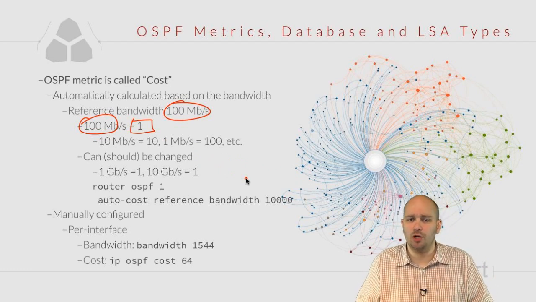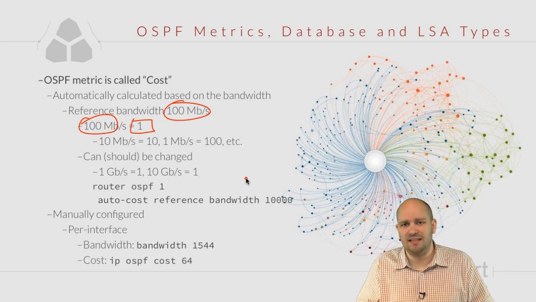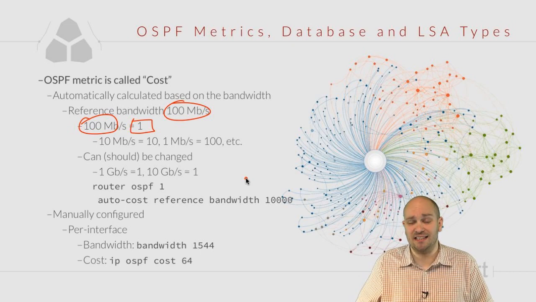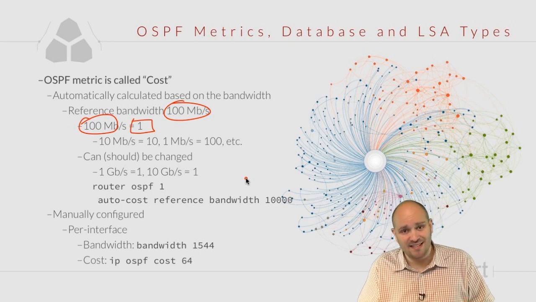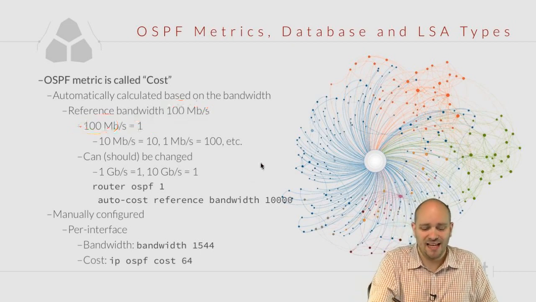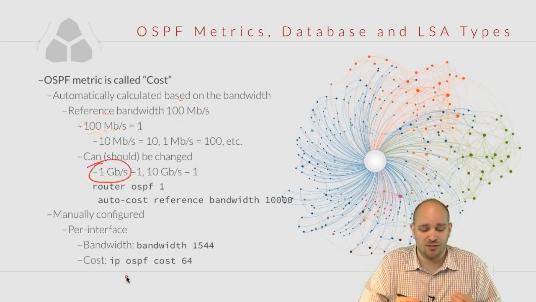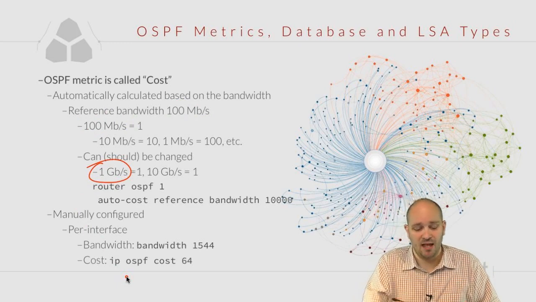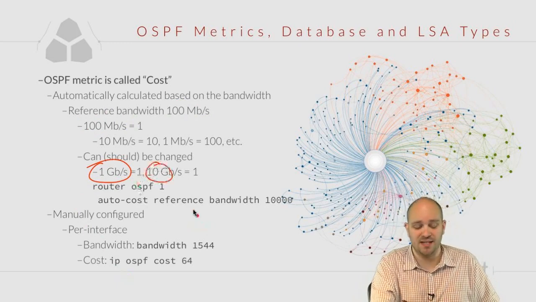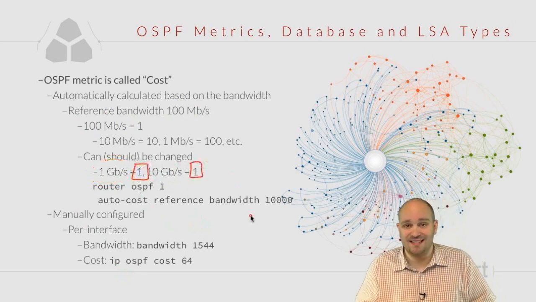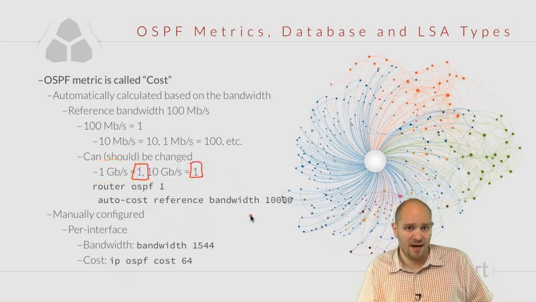But these days, when we are talking about multi-gigabit links, gigabit links, 10 gigabit, 40 gigabit, and 100 gigabit links, using 100 megabits per second as the reference bandwidth does have some very interesting side effects. The side effect is that even if we had an interface with 1 gigabit per second bandwidth, or let's say 10 gigabits per second, these would still be perceived by OSPF as having a cost of 1 by default.